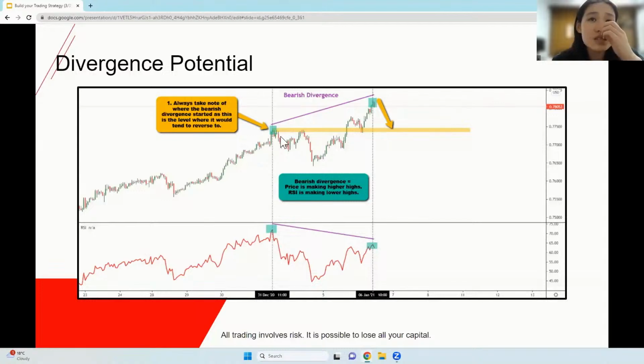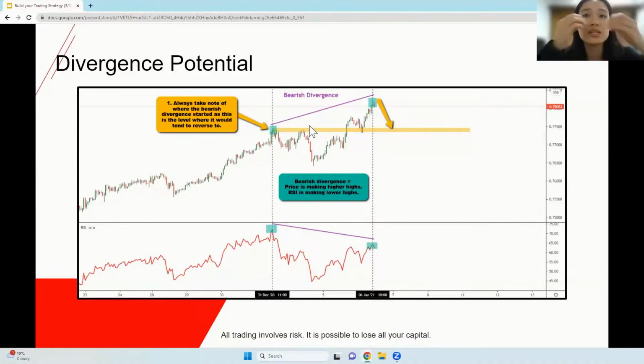So in this case, we see the bearish divergence making a higher high from this level to here, whereas our RSI is making a lower high from here to here, which is why we place our vertical dotted lines at these areas. Bearish divergence tells you that price is making a higher high, RSI is making a lower high. So we also highlight this area because price tends to reverse to the previous level where it started to diverge.